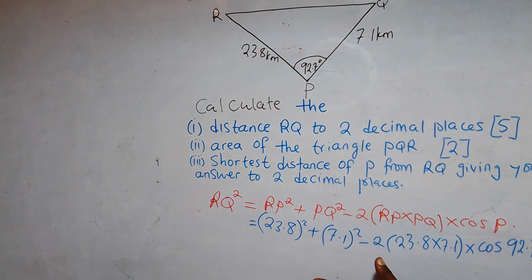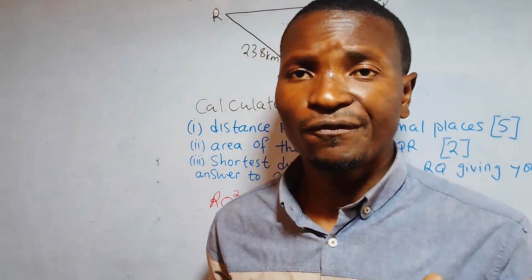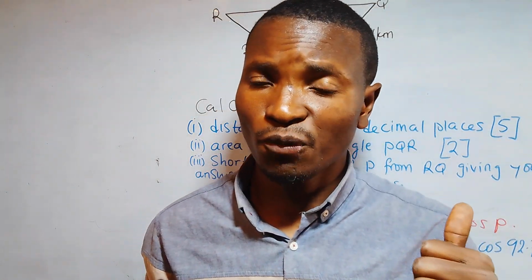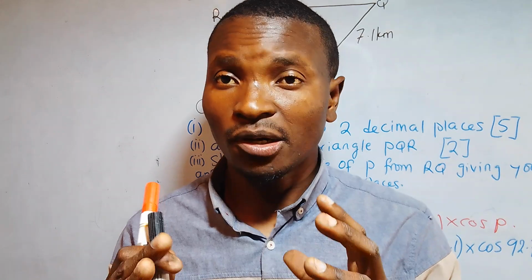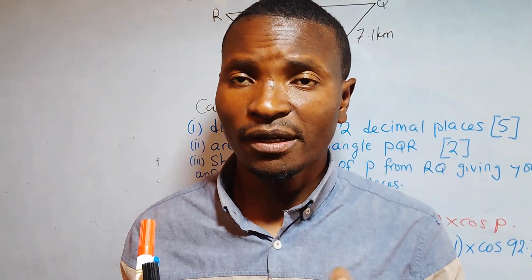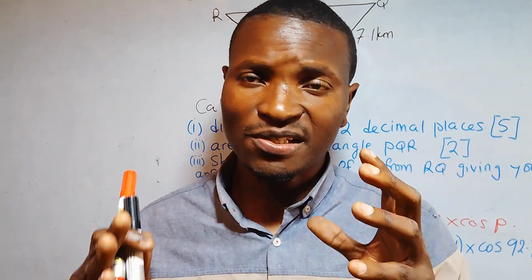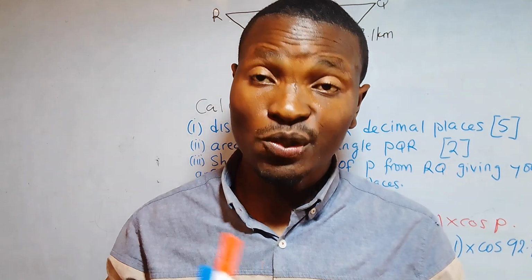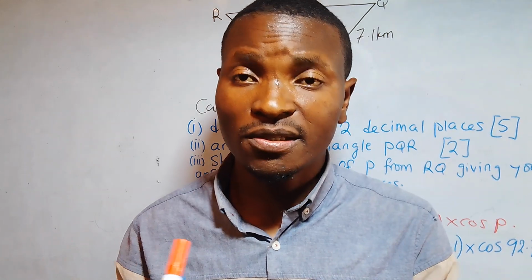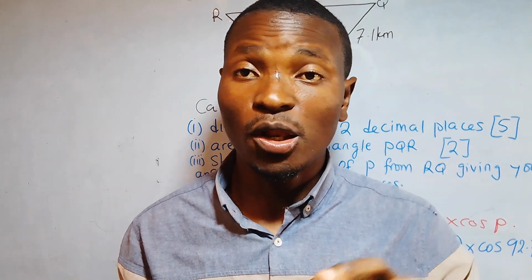So now you can see that we have this squared, and then also multiplied by this. You have to be very careful when it comes to the replacement of the numbers. Once you replace the numbers accordingly, you also have to ensure that your calculator is in normal mode.